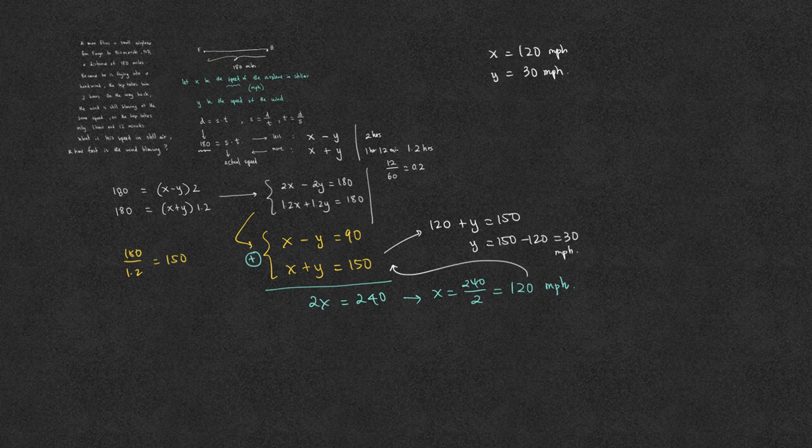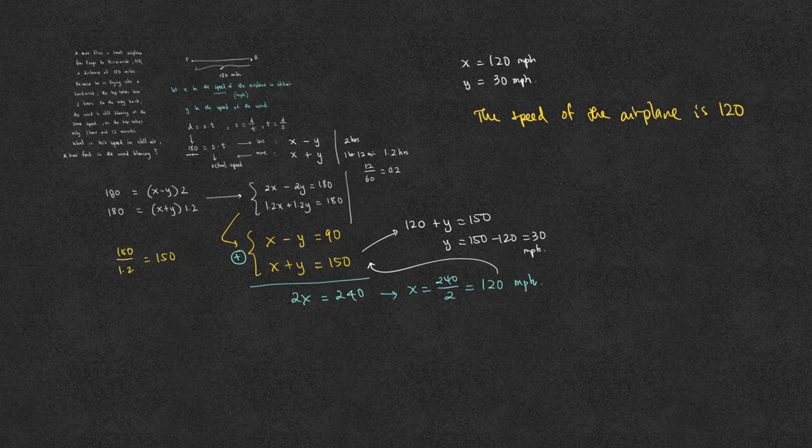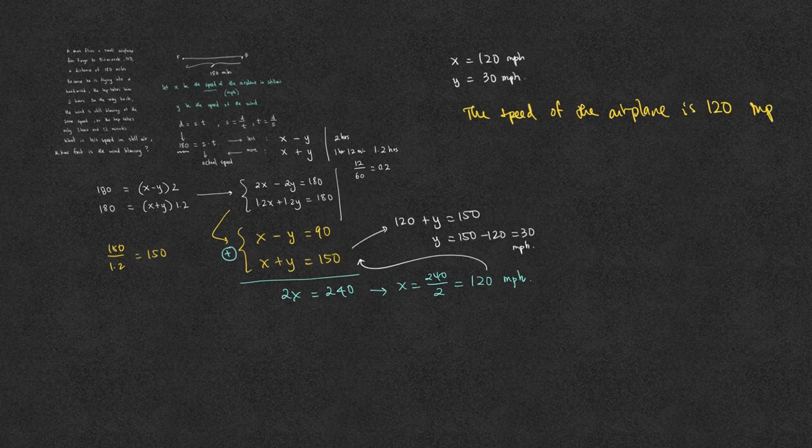We let x be the speed of the airplane, so we now state that the speed of the airplane is 120 miles per hour, and the wind is blowing at a speed of 30 miles per hour. So we answer both of the questions in the problem.